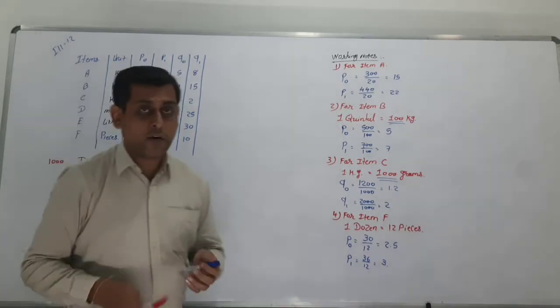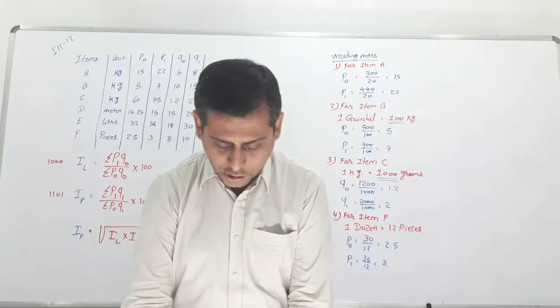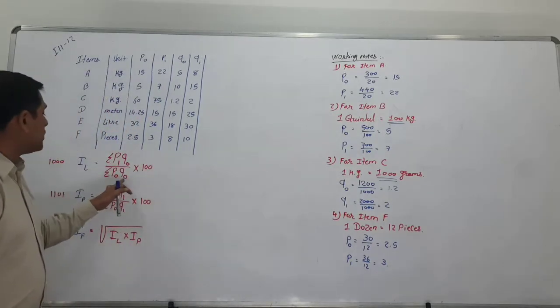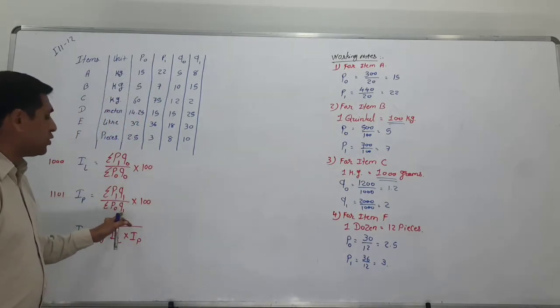Right? That is the formula for IF, Fisher's. For that we have to make 4 columns: P1 Q0, P0 Q0, P1 Q1 and P0 Q1.